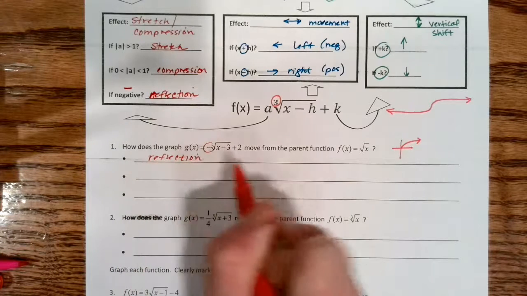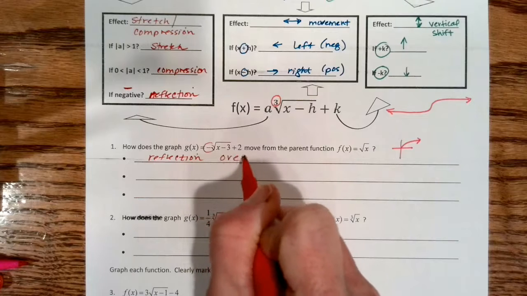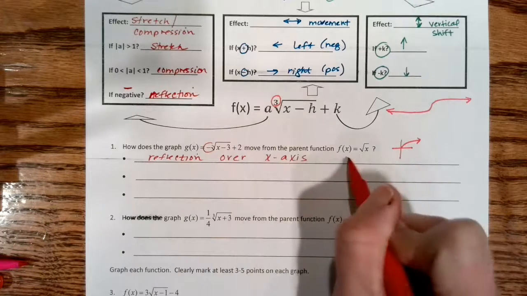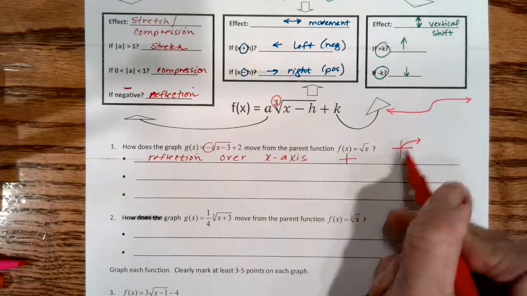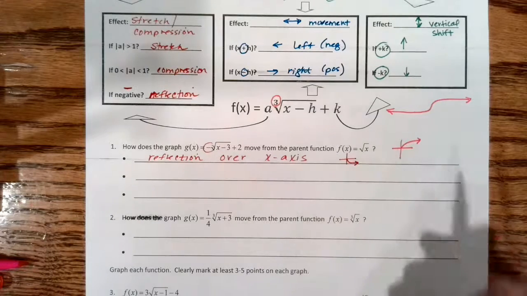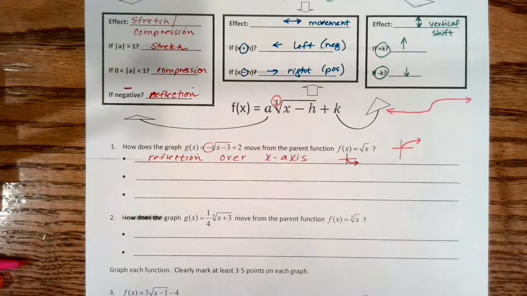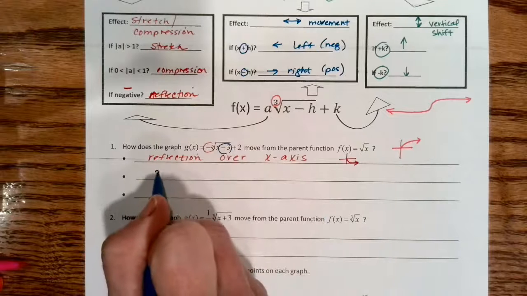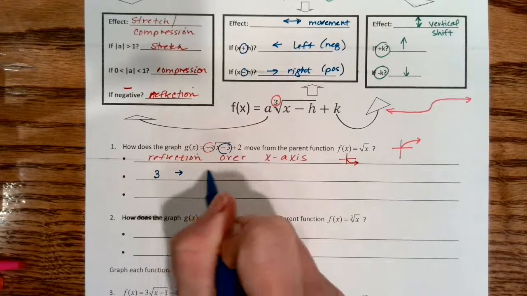And that is a reflection over the x-axis. So instead of my graph looking like this, it's going to be underneath the x-axis like that. I know that my graph is going to be moved 3 in the positive direction.